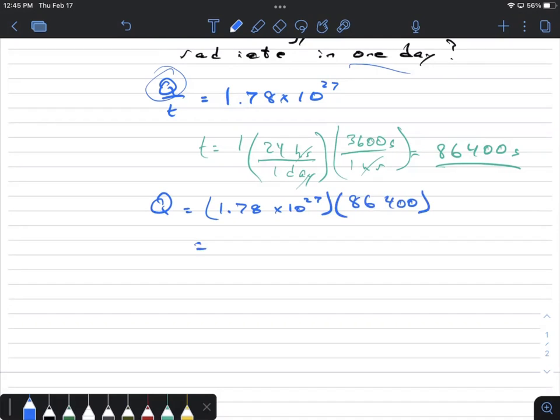The total amount of energy radiated by this star in one single day is 86,400 times 1.78 times 10 to the 27th, which is 1.54 times 10 to the 32 joules.